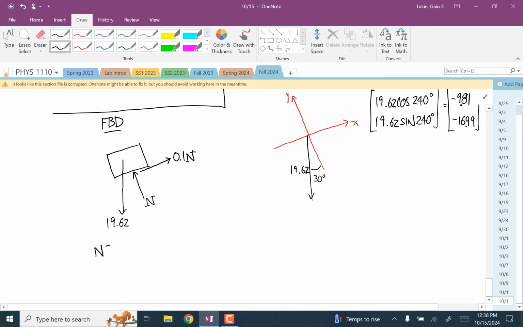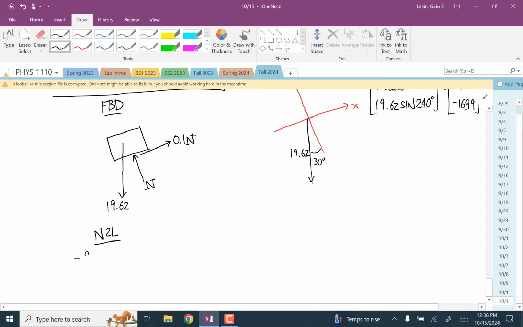So now Newton's second law. I'll do that weight force first. Negative 9.81, negative 16.99. Then the normal force is 0, n.